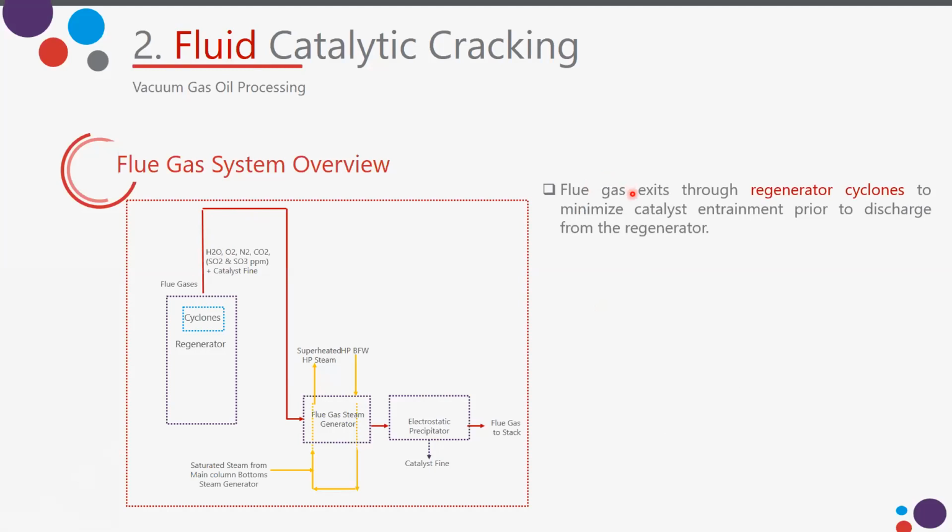So the flue gas exits through the regenerator cyclones to minimize catalyst entrainment prior to discharge from the regenerator. Remember that at the end, the flue gases will go to the atmosphere through the stack, so we have to minimize the catalyst in these flue gases.